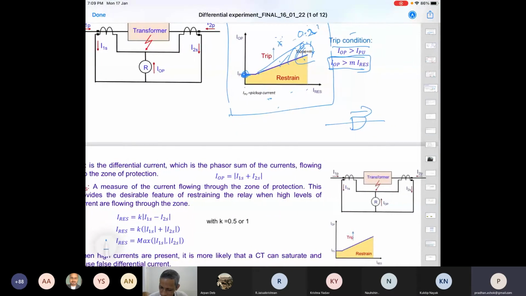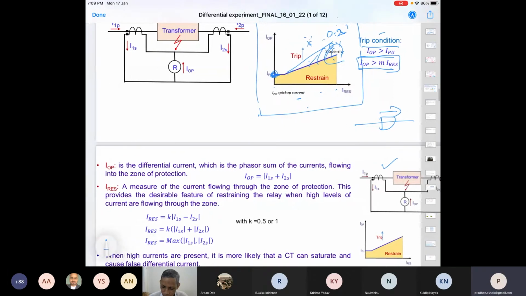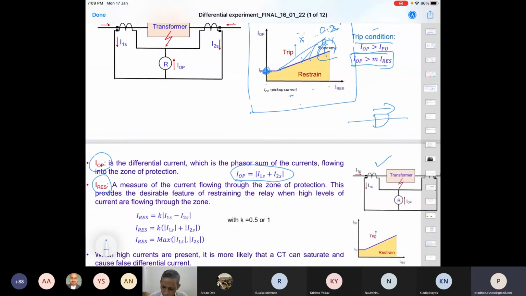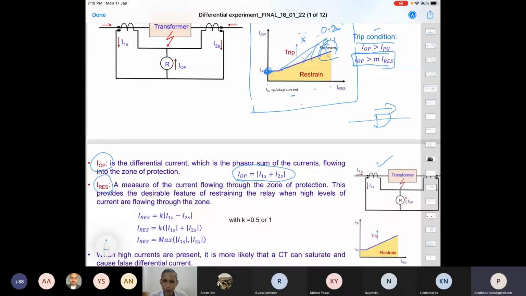So this is the same picture which we are discussing. I operating is nothing but the magnitude of I1 plus I2. And I restraining is what? It is a measure of current flowing through the zone of protection, the zone between these two CTs.